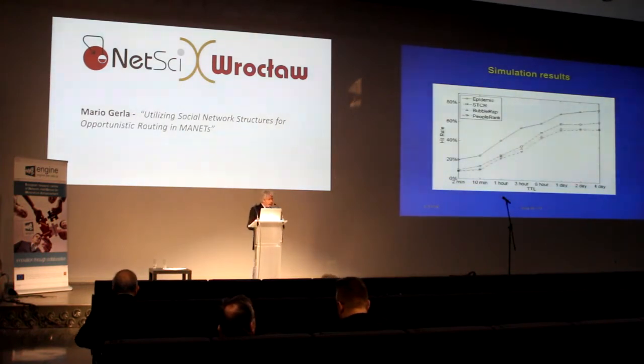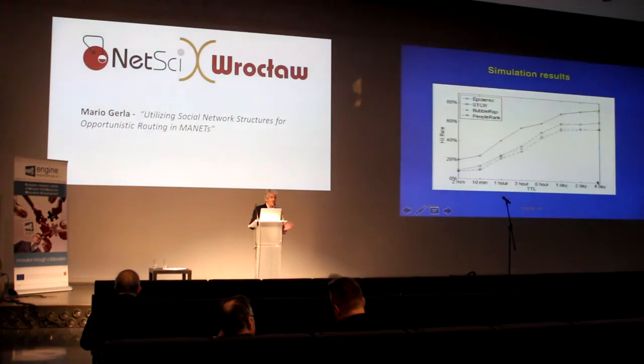So the first diagram that I'm showing here, I hope you can see this one, plots the hit rate as a function of time to live. As you stretch the time to live, eventually in 4 days, most of the requests will be satisfied, assuming that the users kept their radios on all the time.